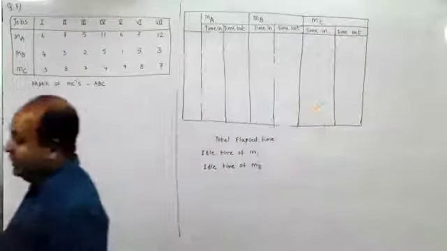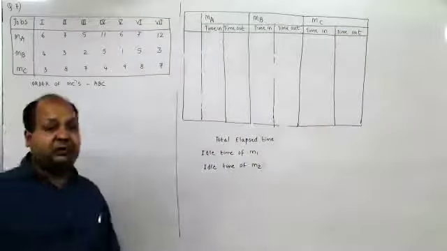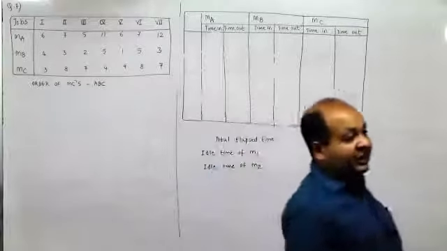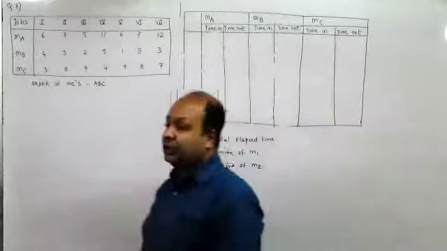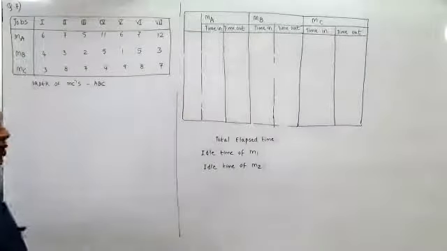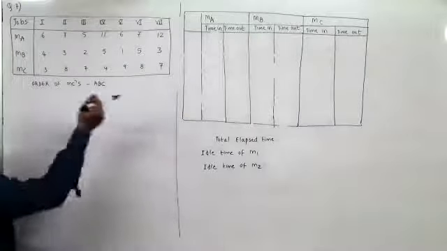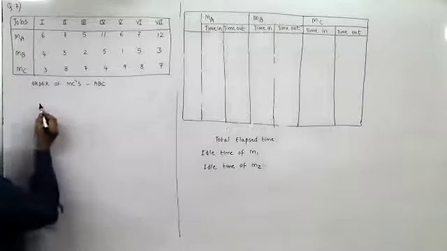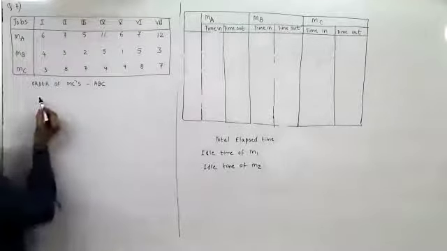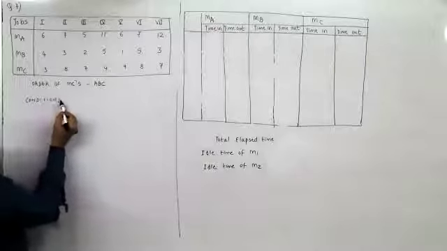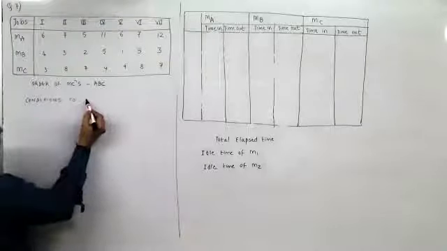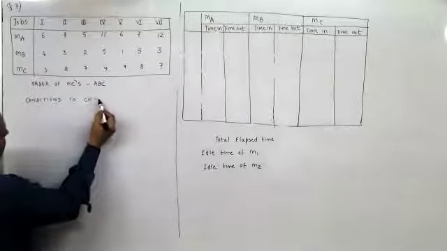First, we'll have to find the order of jobs. But here the problem is you have 3 machines, so you cannot find it directly. You will have to see whether the first criteria is satisfied or not. Now, what is the criteria? Here, first, there are 2 test conditions for converting a 3-machine problem to a 2-machine problem.